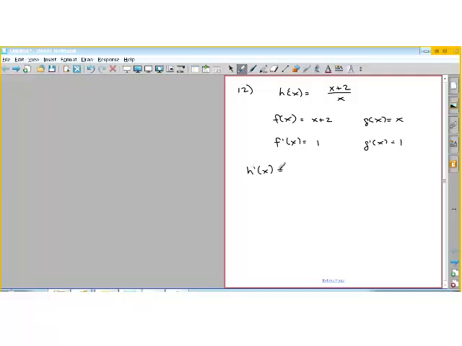So the quotient rule would say h prime of x is equal to these two multiplied together minus those two. So we get 1 times x minus x plus 2 times 1, all divided by x squared. You can see we have 1x minus 1x, so the x parts drop out. We just get negative 2 over x squared. So that's the first derivative.